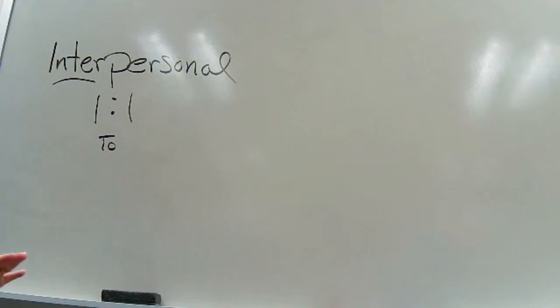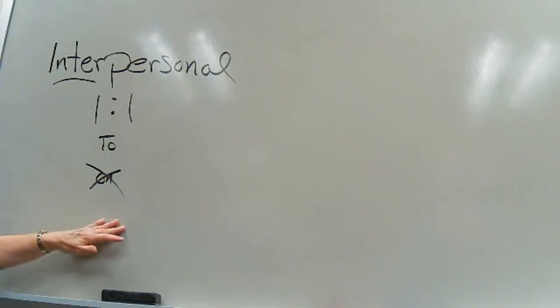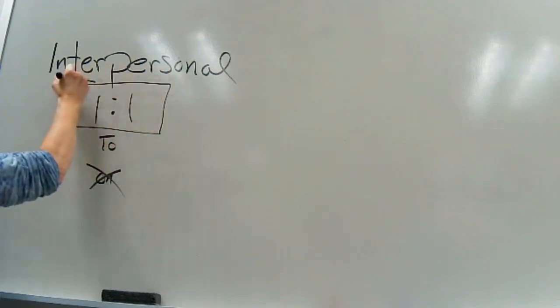We don't use that phrase anymore in communication studies because, by the very nature of the word on versus to, it indicates power, one over another, on top of, above, etc. So in communication studies, in the here and now, we want to look at how we communicate with another person.